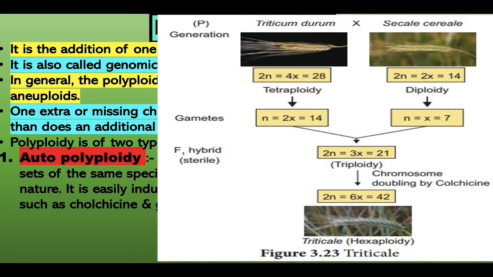Then in the F1 hybrid, sterile offspring, that is the triploid condition, form. Here the chromosome doubling by colchicine forms 42 chromosomes, known as triticale. It means a combination of Triticum and rye, and this is a hexaploid condition.